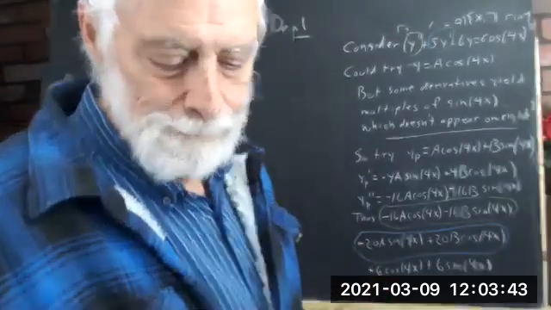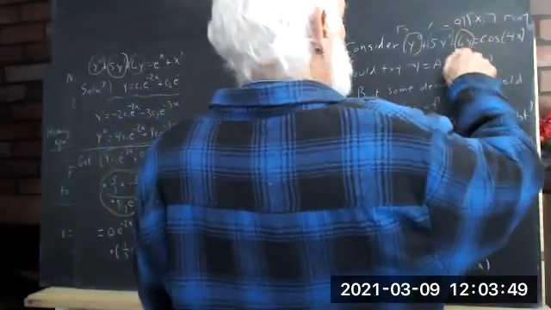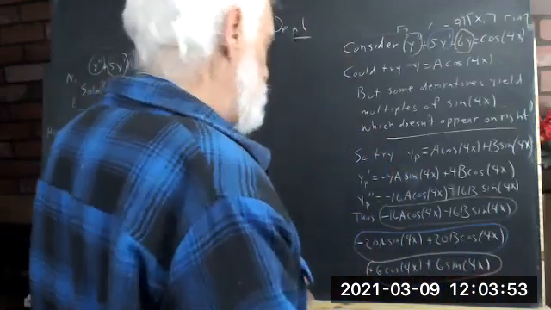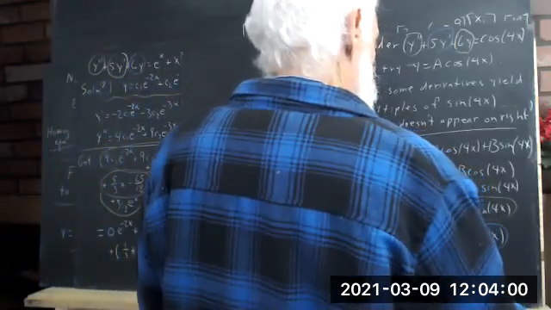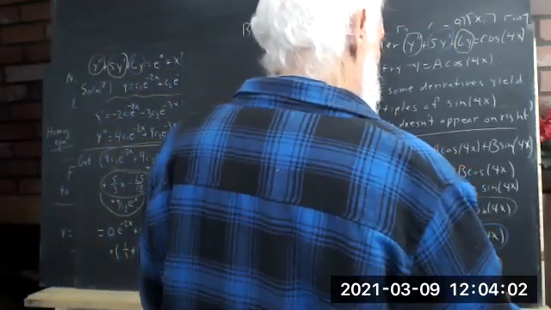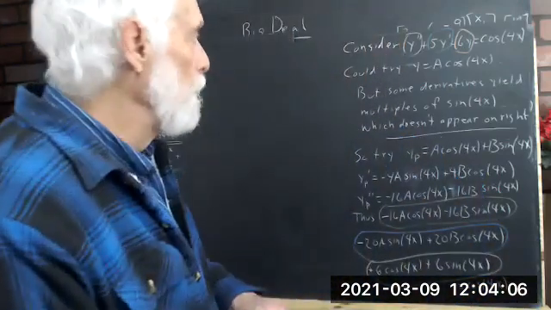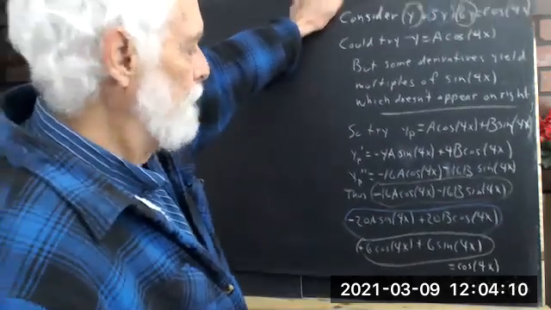I don't like to use yellow and green because they end up looking very similar. But we have 6y here, and that should equal the cosine of 4x. So again, just in case, there we have it.